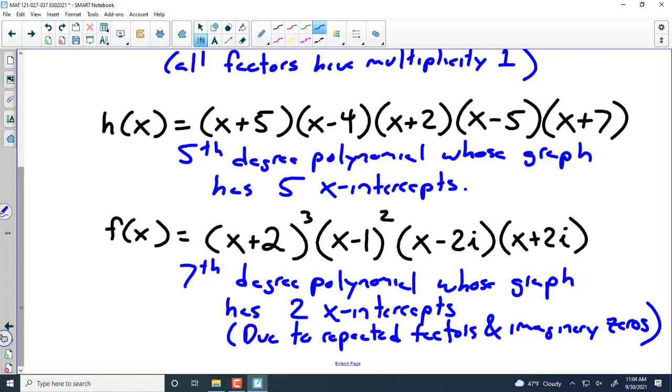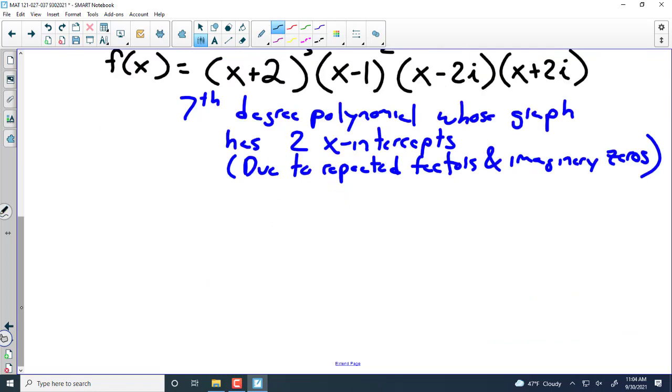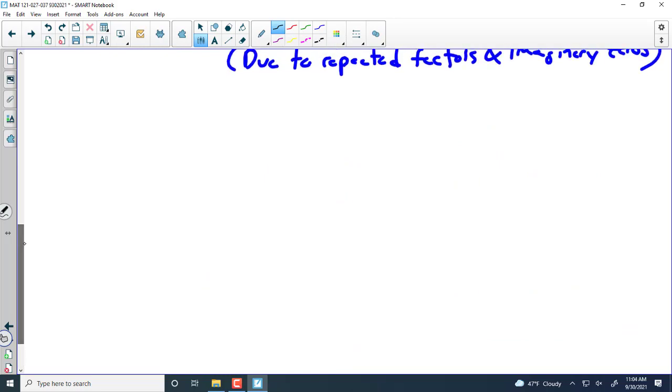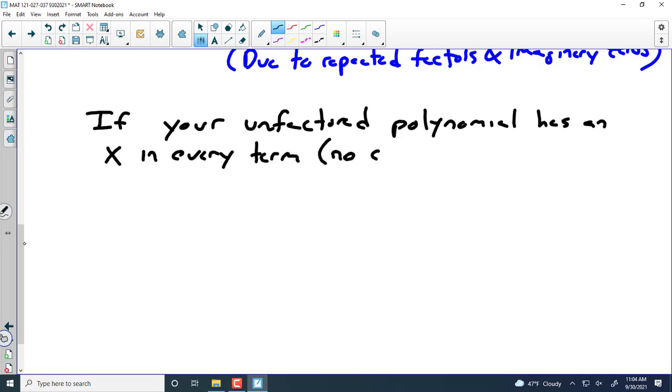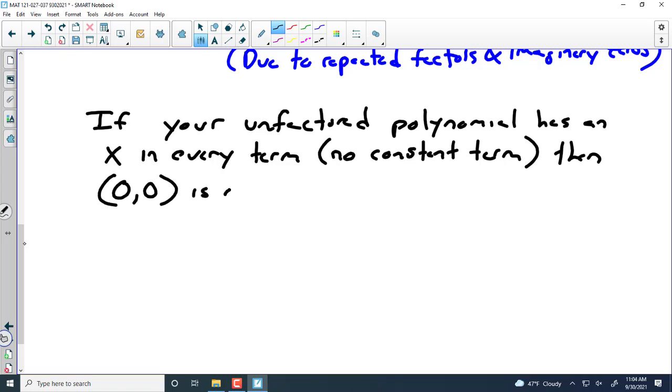All right. If your unfactored polynomial has an x in every term, in other words, there's no constant term, then 0, 0 is one of your x-intercepts.